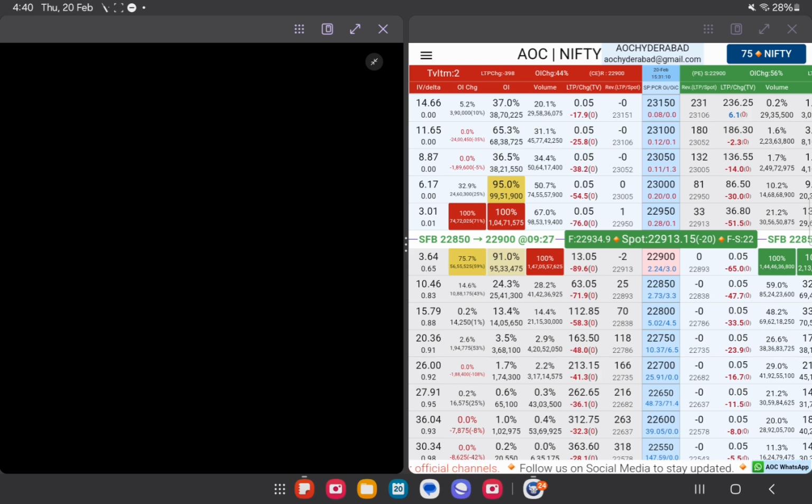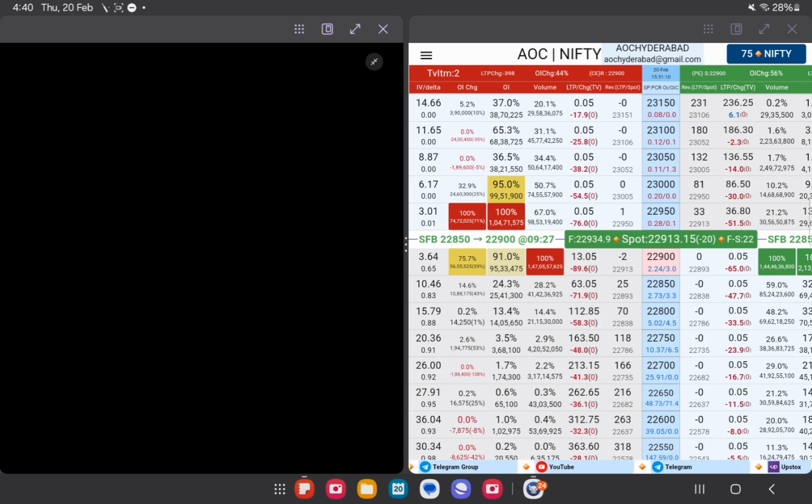This will shoot up the market rapidly, which cannot be handled by retailers. Even if they enter with bullish positions after seeing bullish candles, the market turns from upside to downside. This is how SL hitting happens in the market.